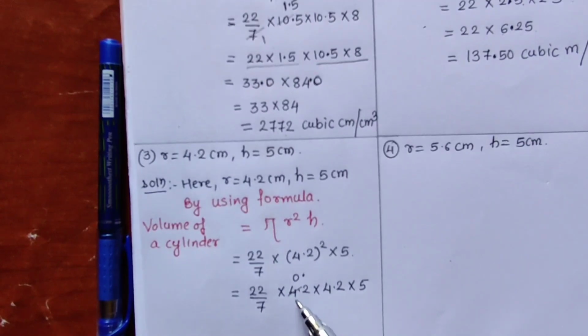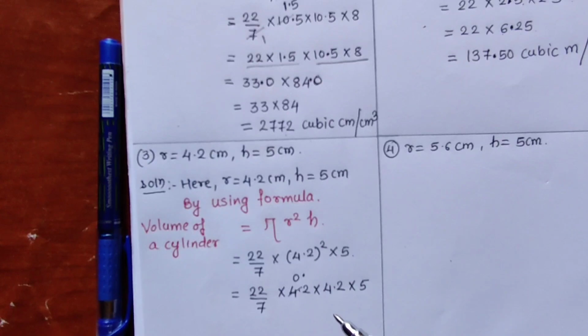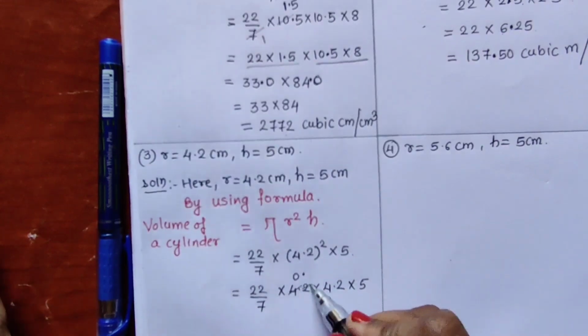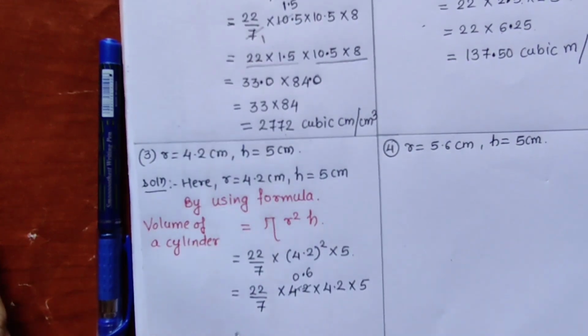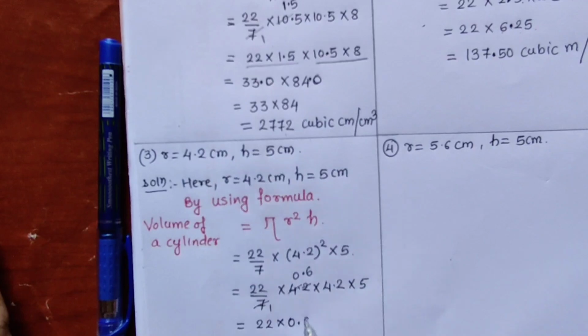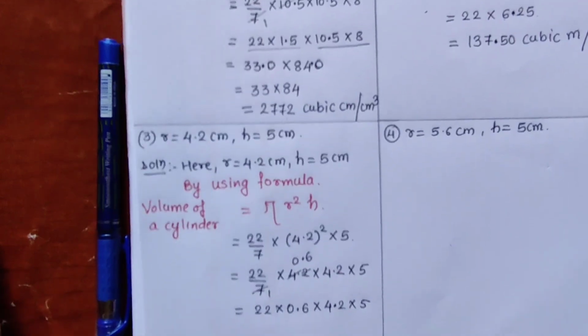Okay, so 4 minus 0 is 4 and this 2 is 42. 7 6s are 42, we all know that. So 7 6s are 42 we write here. 7 1s are 7. And then 22 into 0.6 into 4.2 into 5. In this way we are getting the product of 4 numbers.